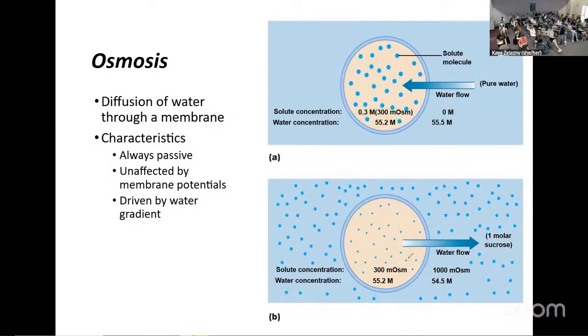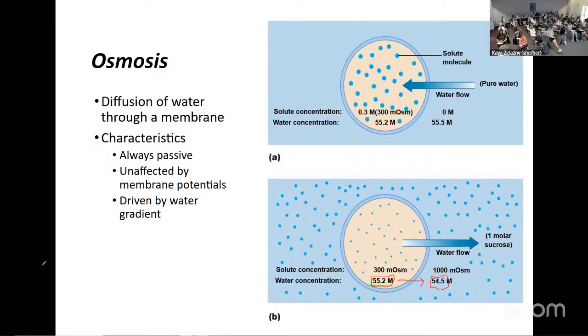So in this other example, we can apply that. Here we can see our water concentration listed at the bottom. We have water concentration 55.2, it's greater than 54.5, so water goes from the inside to the outside.